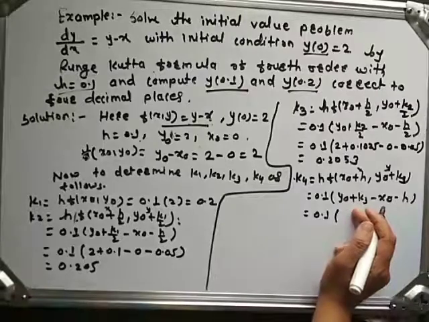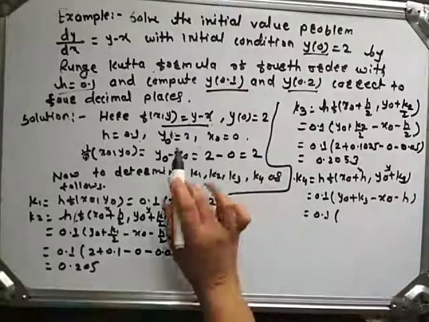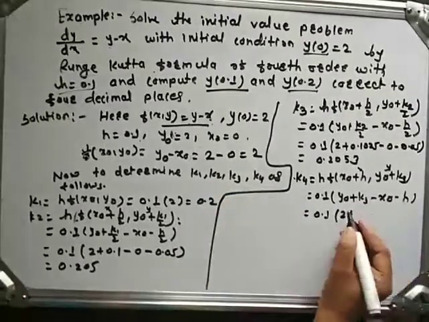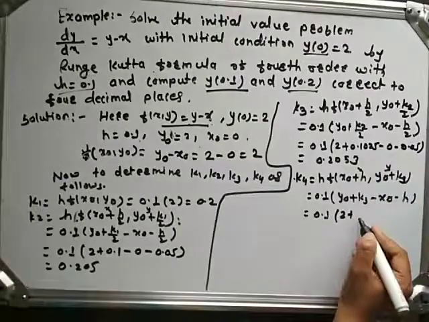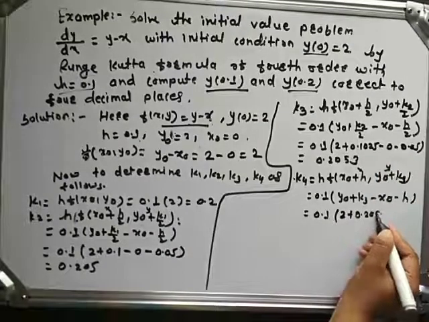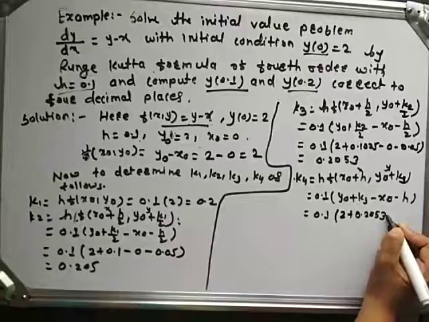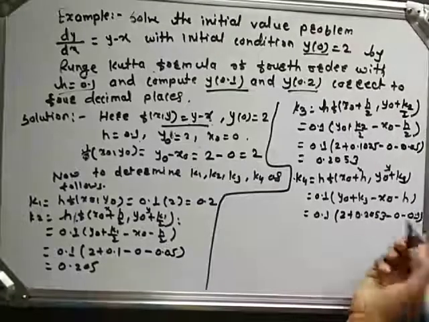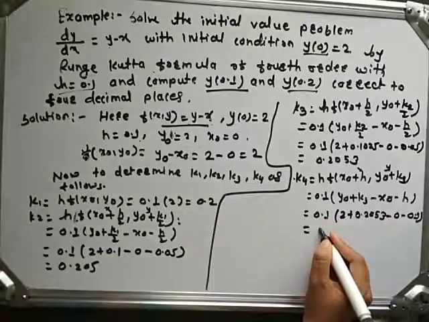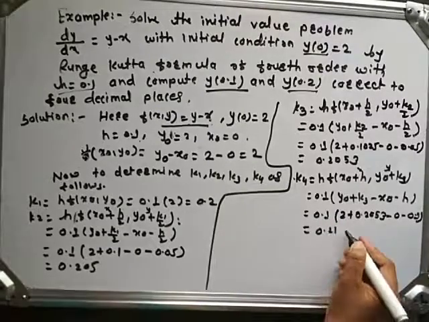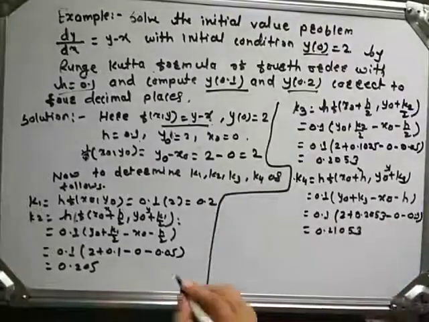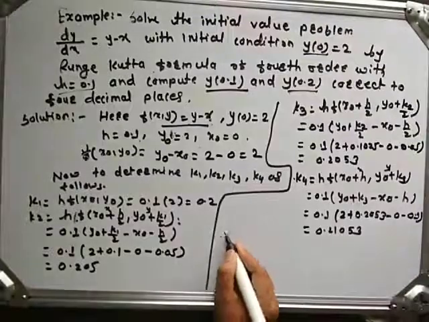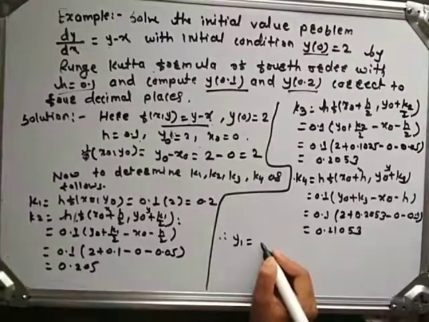What is y0? Y0 is 2 plus k3 is 0.2053 minus 0 minus 0.1. H is 0.1. So this is equal to 0.21053.